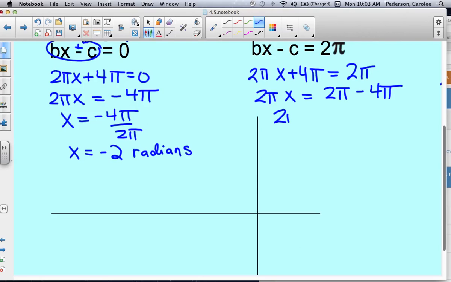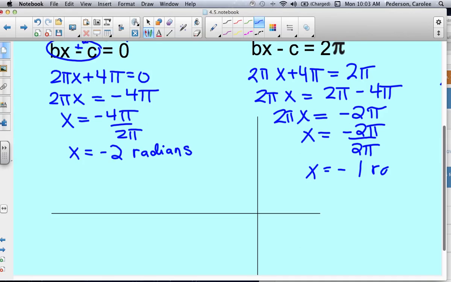So 2 pi x. 2 pi minus 4 pi is negative 2 pi. And then we divide by 2 pi again like we did on the left equation. Negative 2 pi divided by 2 pi, 2's cancel, pi's cancel, and we're left with negative 1 radian.